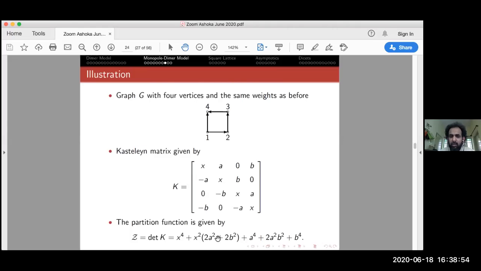So you'll get a 2A squared x squared from here. Similarly, you'll get 2B squared x squared for these two. And then the remaining is just without monopoles. So A to the 4 is this doubled edge and this doubled edge, B to the 4 is the other one, and 2A squared B squared corresponds to this loop, one going clockwise, one going anticlockwise. So this explains all the terms.